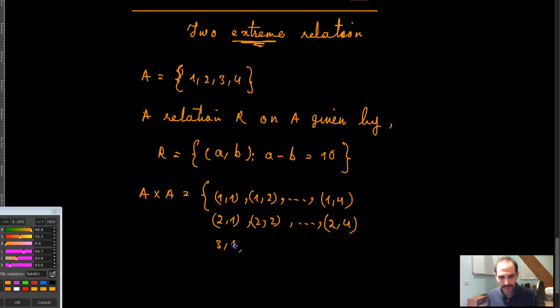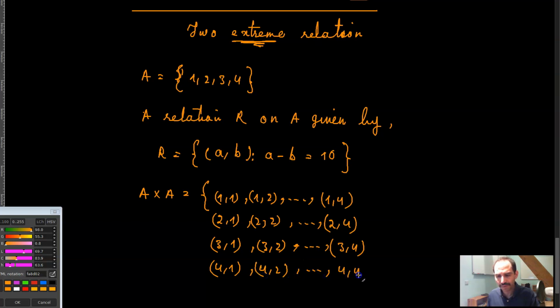You have (3, 1), (3, 2), all the way up to (3, 4), and you have (4, 1), (4, 2) all the way up to (4, 4), and that would be basically the Cartesian product of A and A. Now here what I'm saying is that R is the ordered pairs (a, b) such that a minus b is equal to 10. That means that the difference of a and b is 10.